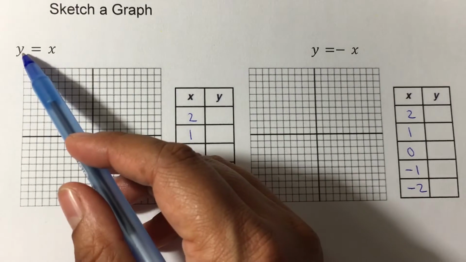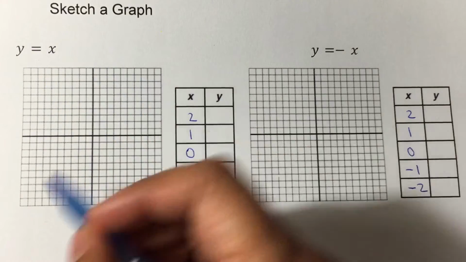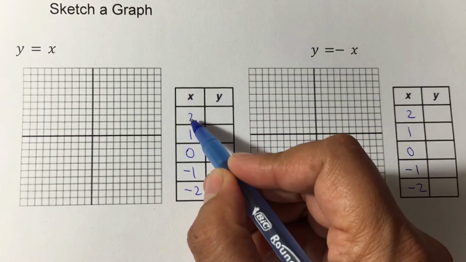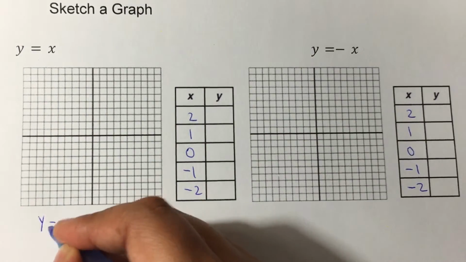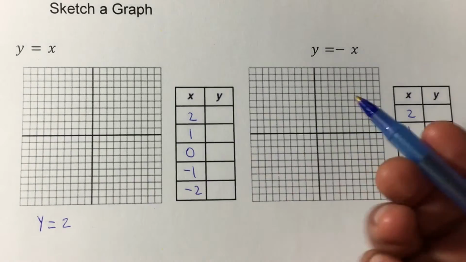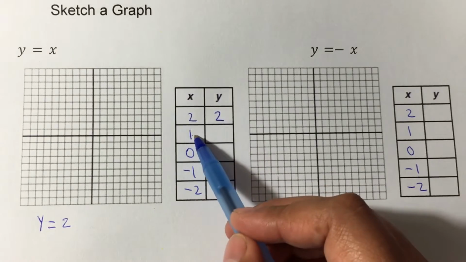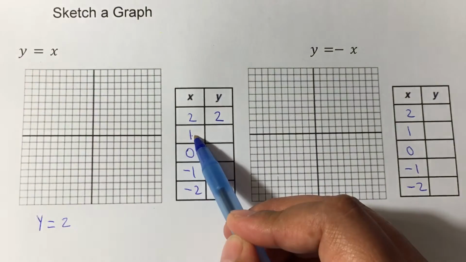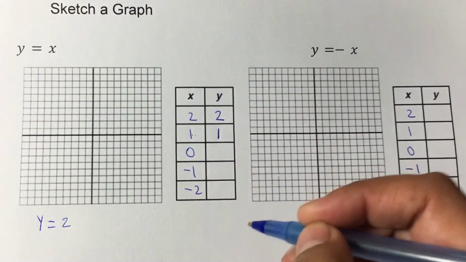And so it says that the value of y will be equal to whatever the value of x is. So for the first one, if we have y equals x, instead of x we substitute the value that we have here. So y is equal to 2. For the next one, if x is 1, we replace it in there, and that means that y will be equal to 1.